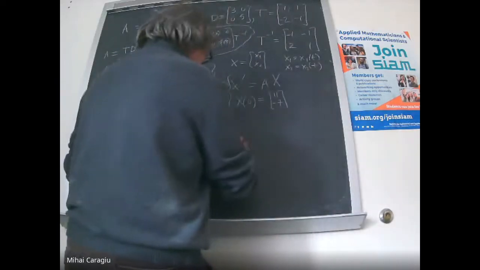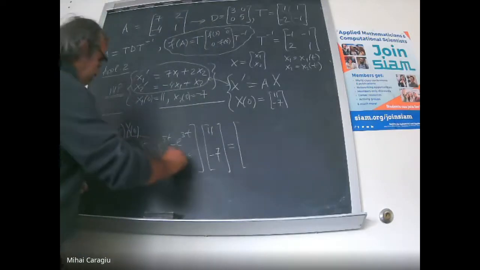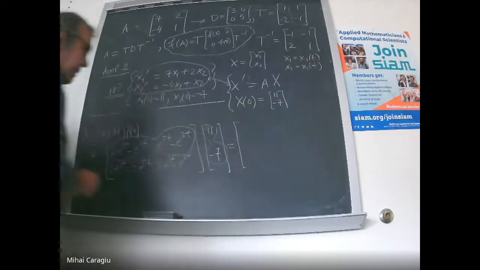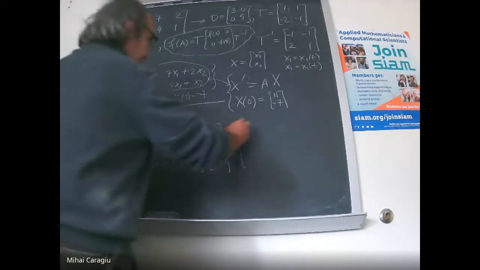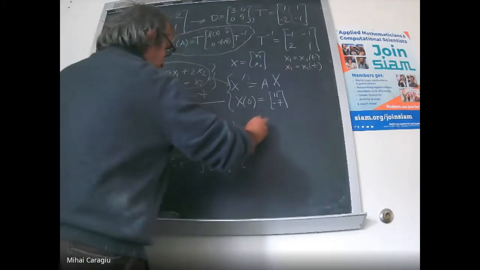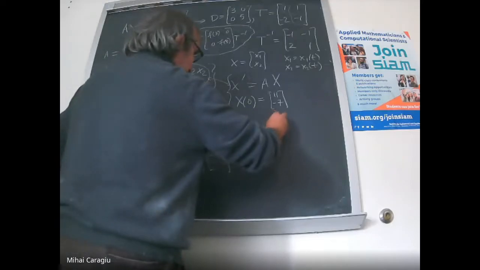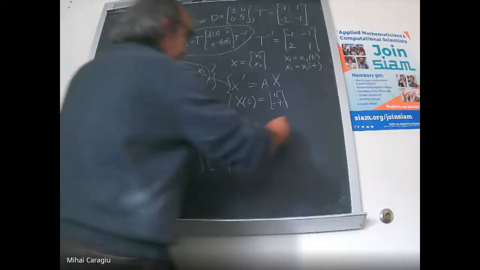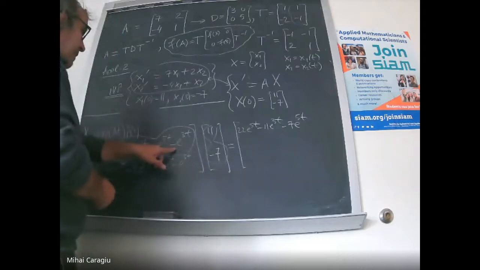So the top row gives 22 e to the power 5t minus 11 e to the power 3t minus 7 e to the power 5t plus 7 e to the power 3t.